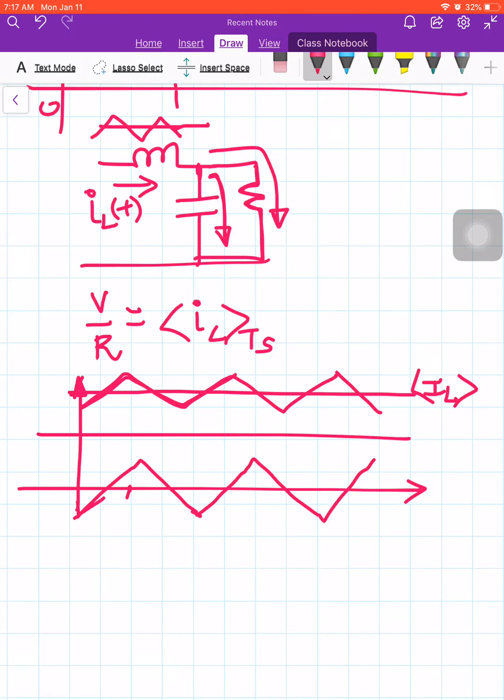This is 0, and this is delta I, or the ripple current, as I'm calling it. So we know this equation: 1 by C integral I dt is equal to the voltage in the capacitor.